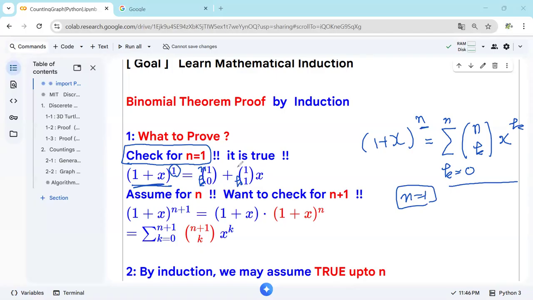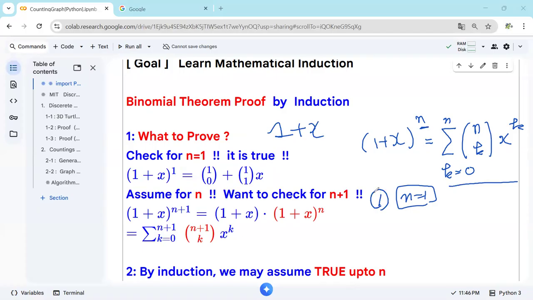Then you can see that 1 choose 0 is 1, and 1 choose 1 is 1, so the left side is equal to the right side. So now we have proved the case when n is 1. This is the first step.